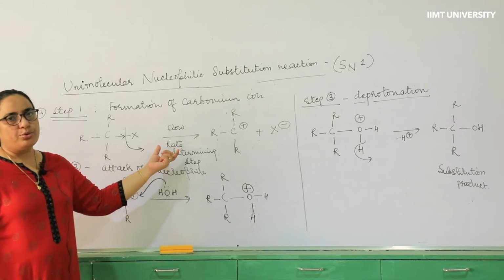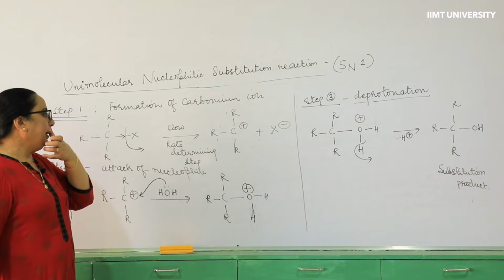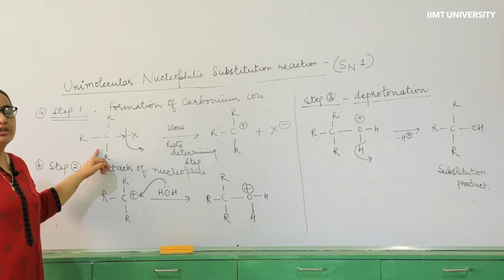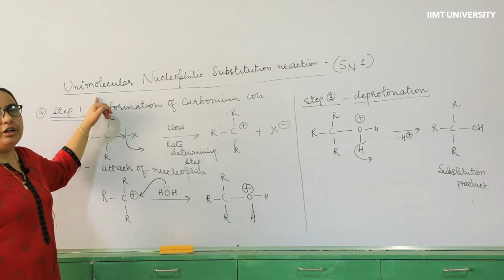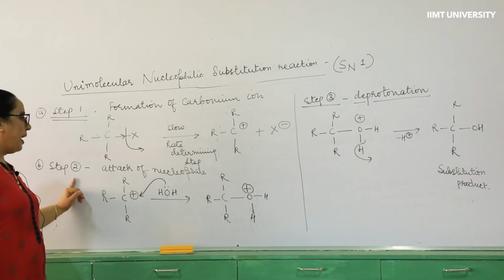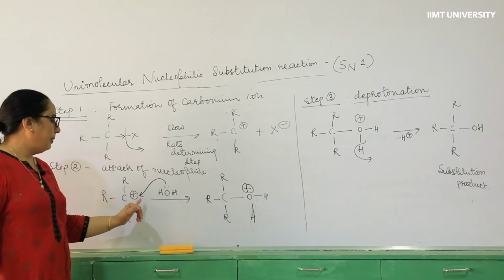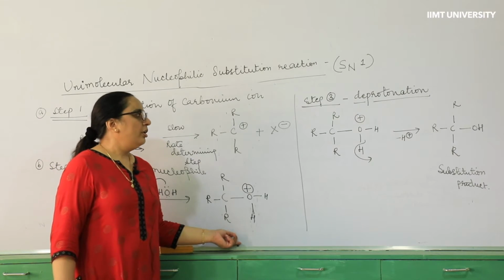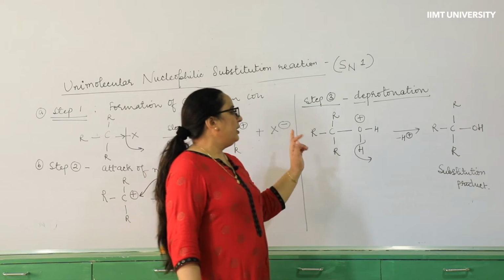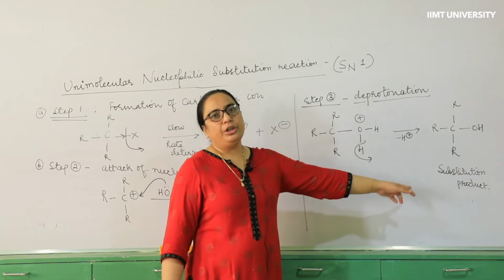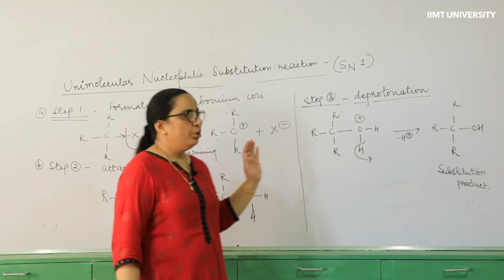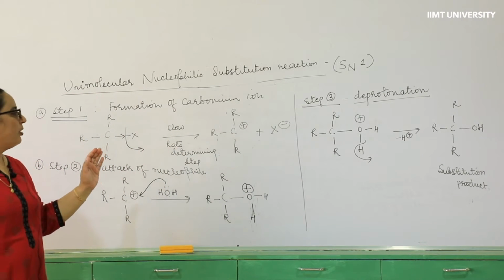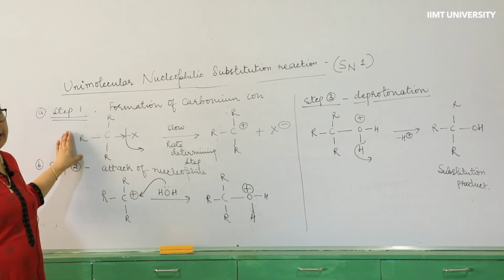This is the slow step, so it is the rate determining step, and as in the rate determining step only the concentration of one molecule is altered, it is called the unimolecular reaction. Then step 2 is the attack of the nucleophile on the carbon bearing the positive charge. There is the formation of an unstable intermediate compound, and by deprotonation, this unstable intermediate compound gets converted into the substitution product. So this is the mechanism of the unimolecular nucleophilic substitution reaction, which takes place in aliphatic organic compounds.